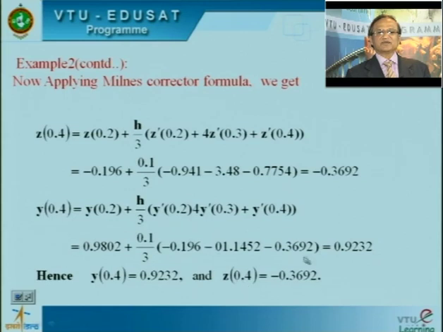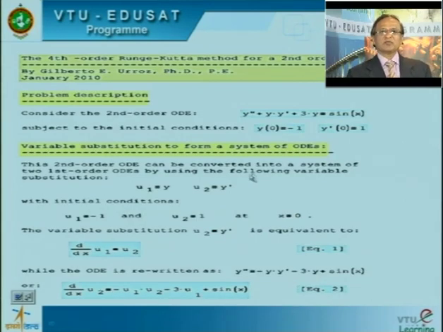I hope you will get after simplification 0.9232, right. So, y at 0.4 is equal to 0.9232 and z at 0.4 is equal to minus times of 0.3692 are the corrector values. So, like that you can obtain predictor and corrector values.